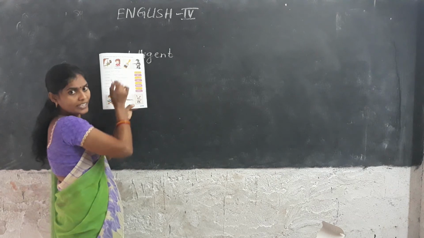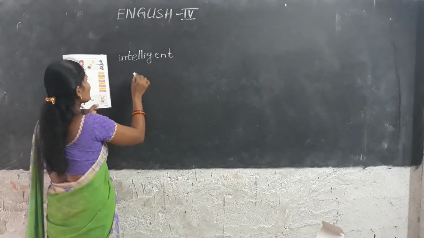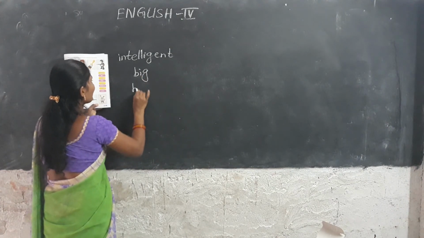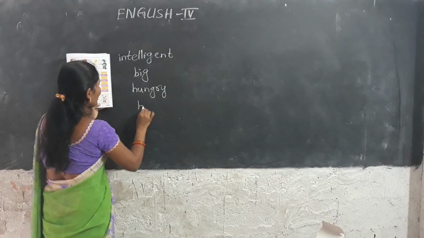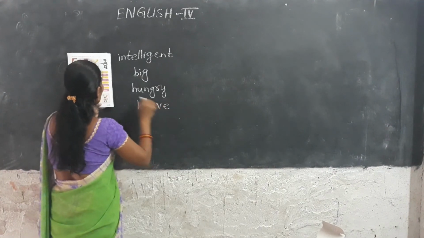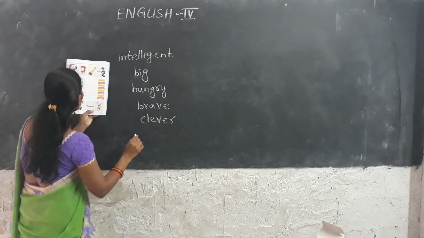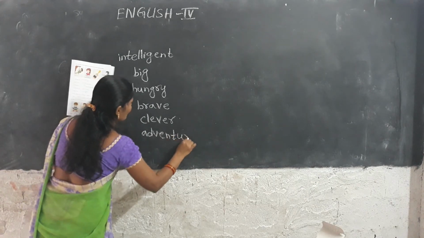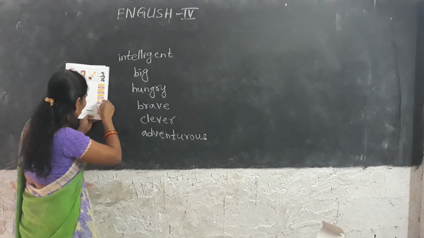Beside the jumbled word, write. Next one is big. Next one is hungry. Then fourth one is brave. Fifth one is clever. Sixth one is adventurous. Next, happy.